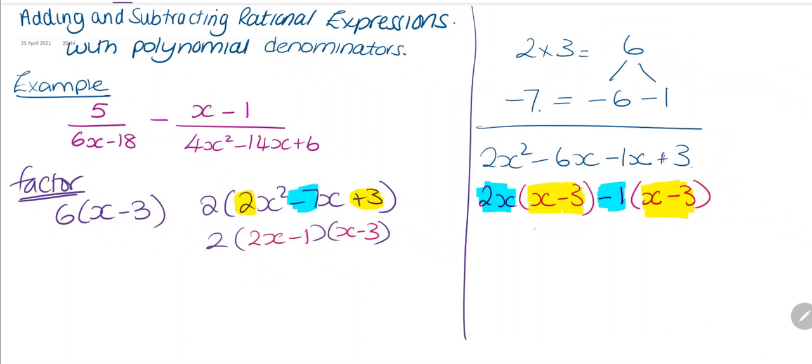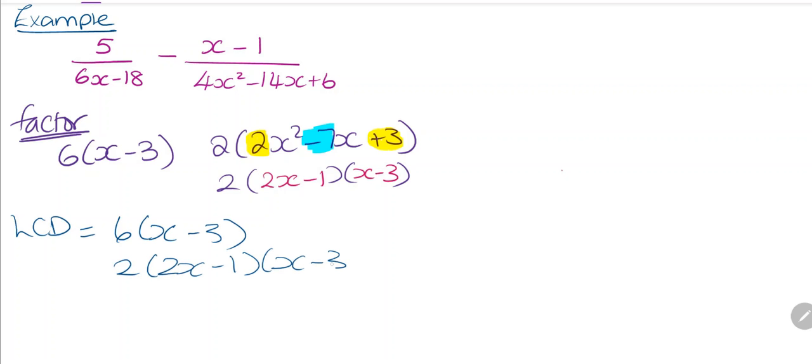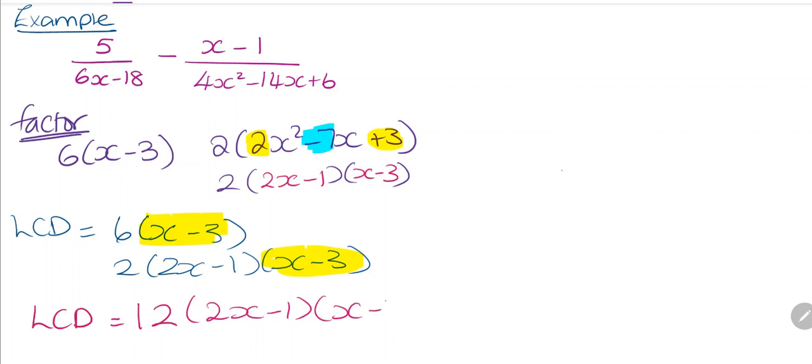So the next part. I'm going to write my fractions, write my denominator, so the lowest common denominator. So I have 6x minus 3, and then I have 2x minus 1, and x minus 3. Because I have these two the same, I'm only going to write them once. So 6 times 2 is 12, and then I have 2x minus 1, and x minus 3.